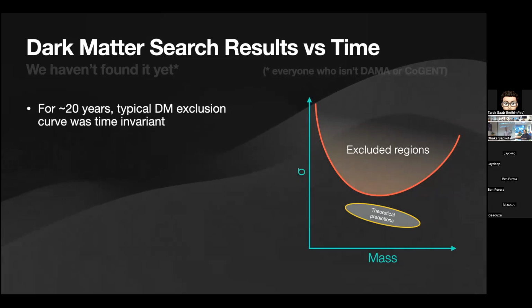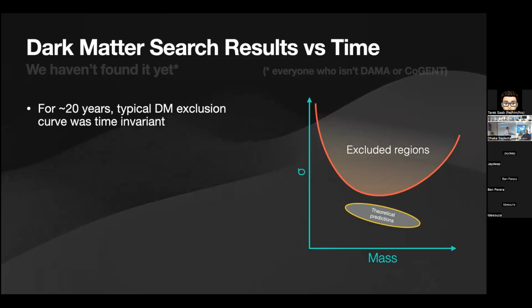If you run an experiment and you don't see any events consistent with dark matter, what you're able to say is that any theoretical models that predict a cross-section higher than this line are ruled out, because otherwise you'd have seen more events in your experiment. And any models below that line, you cannot say anything about, simply because you haven't collected enough data or the background is too much. So that's called the exclusion plot.